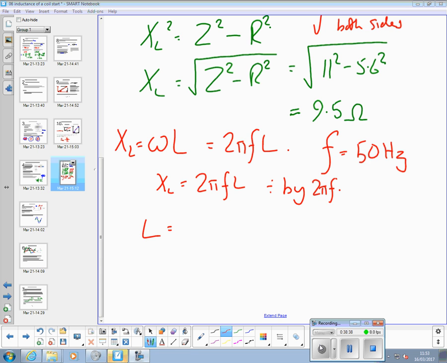So you get L is equal to XL over 2 pi F. That's 9.5 over 2 pi times 50, equals some millihenries. Because we've got to find the inductance of the coil. Now we found the inductive reactance, yeah? Now we use the inductive reactance we've found to find the inductance in henries, which is what coils are specified in.